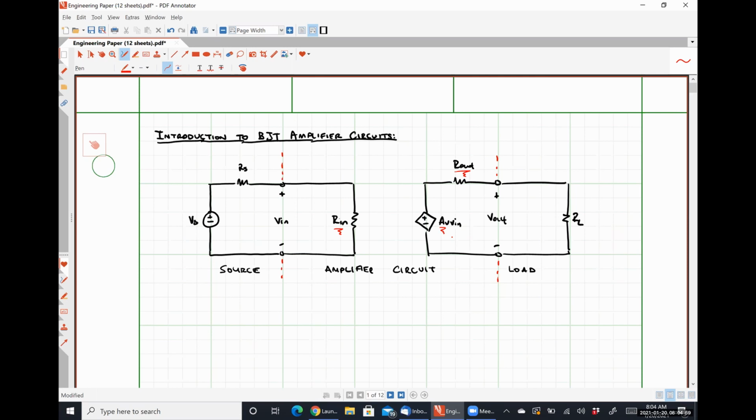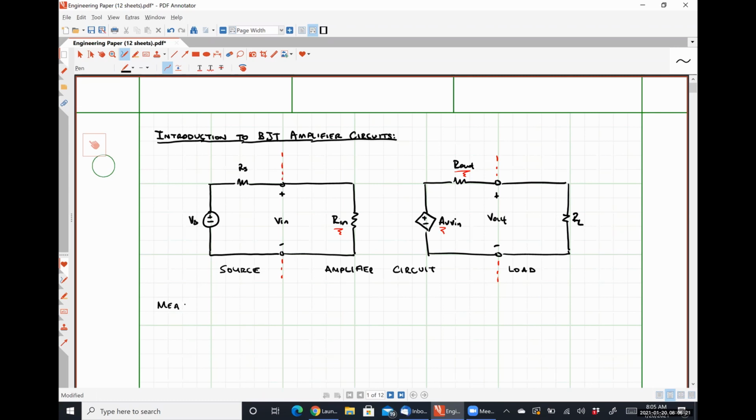What we're going to be talking about today is largely how to determine the input impedance and the output impedance of BJT circuits. So we are going to develop a methodology for measuring input and output impedance to start off.